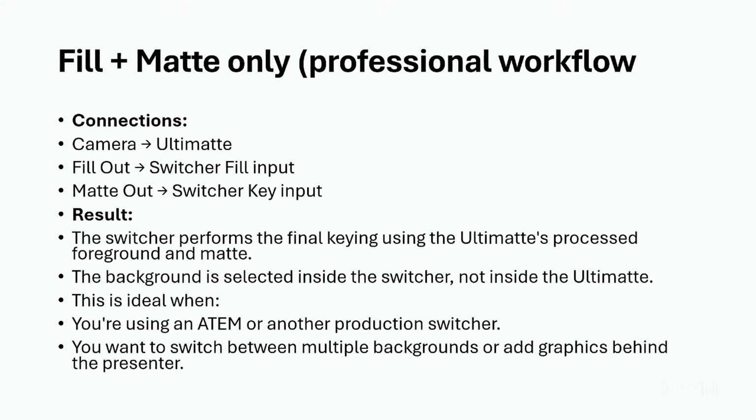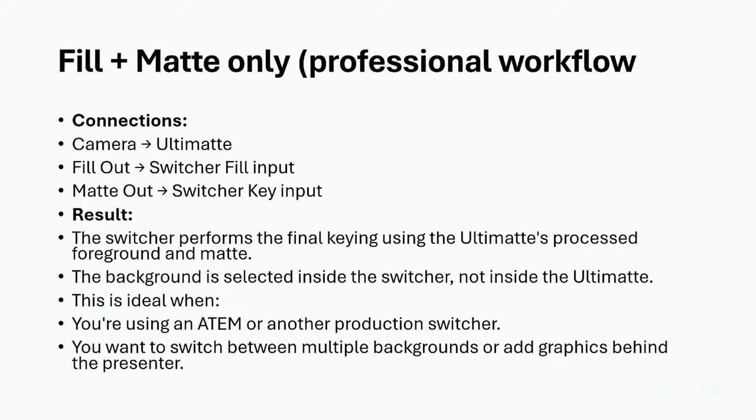It gives you a fill output, which is the output of you with the background removed, and a matte output, which is like a black and white version of that output, so that the system that receives those two signals will know which bit is you, and it can use the matte to work out which bit it needs to provide backgrounds. And that's how it becomes a PNG in video form.